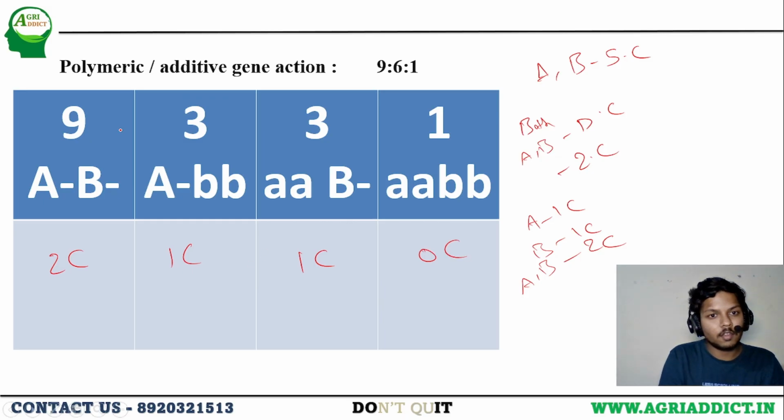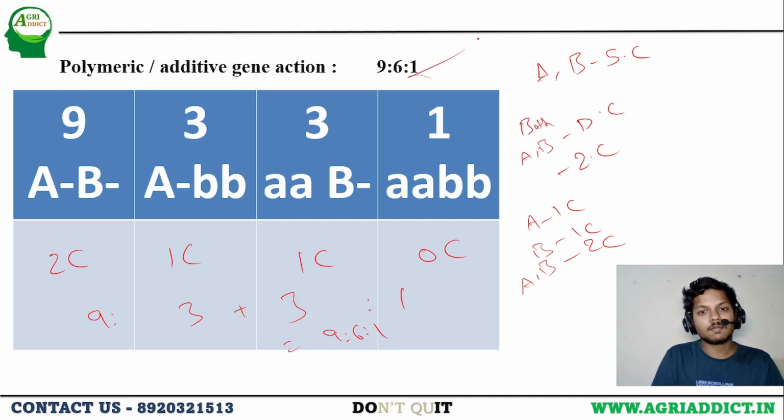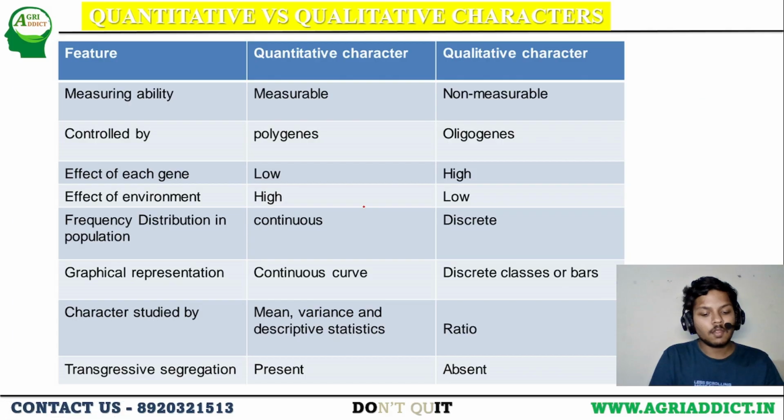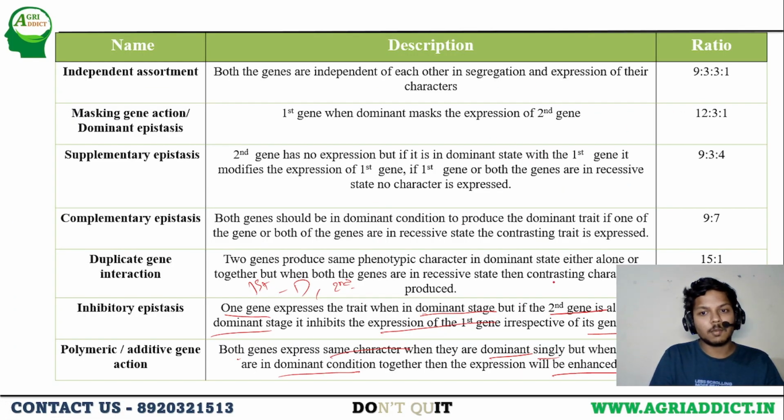So we get the phenotypic expression as 9, 3 plus 3, 1, which is 9:6:1. That's it. Like this, if you understand the definition, you can get the ratio correctly. So I hope you take this table as a screenshot and refer to it later.